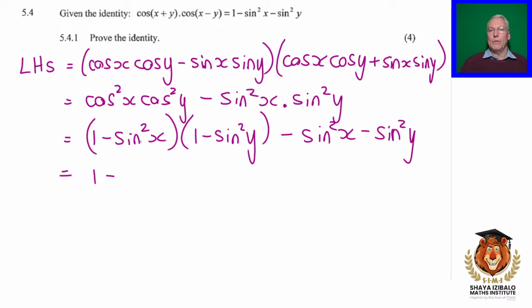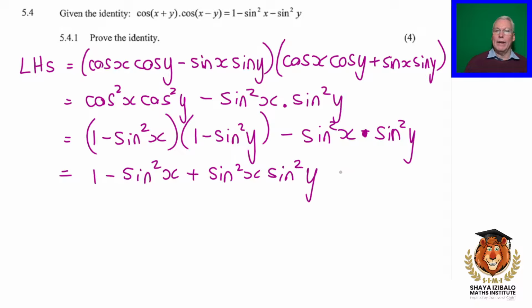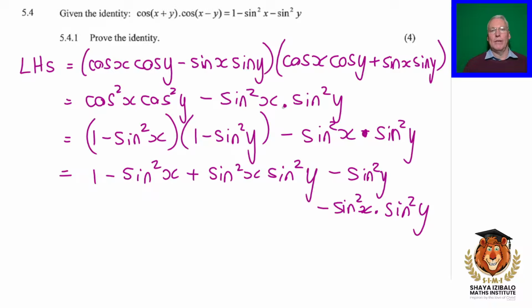Right, so what we now get is 1 minus sine squared x plus a sine squared x sine squared y, and then minus a sine squared y. And we've still got the minus sine squared x sine squared y. Okay, just be careful about doing what I've done there: change the times into a minus sign. Right, but in fact these cancel one another out, and now we've got our right hand side.